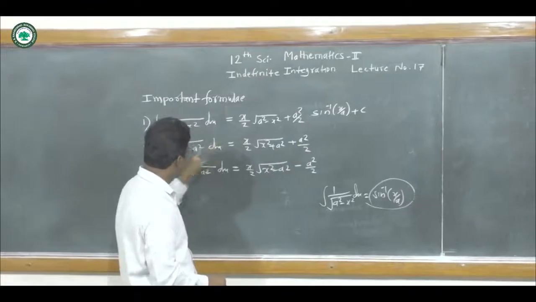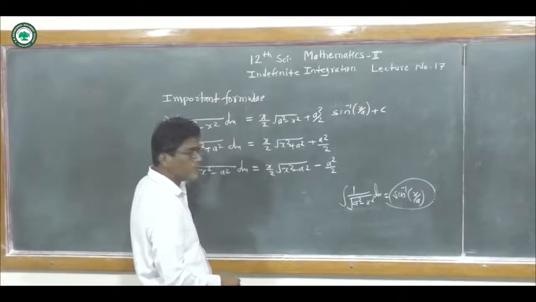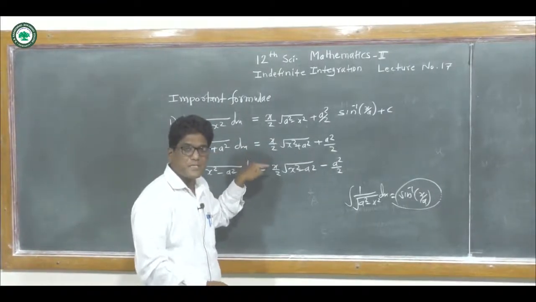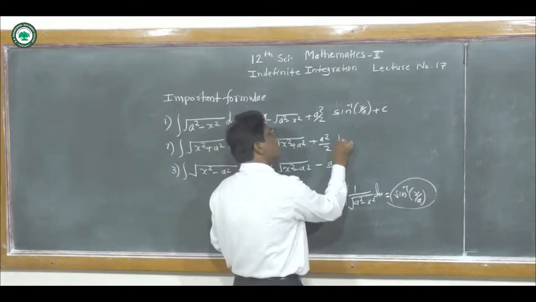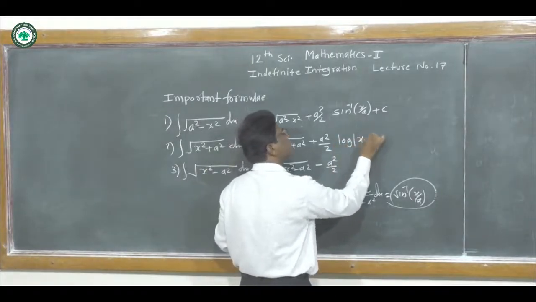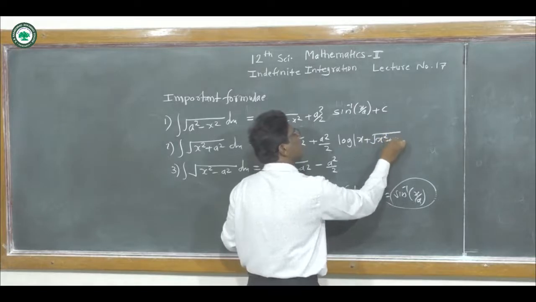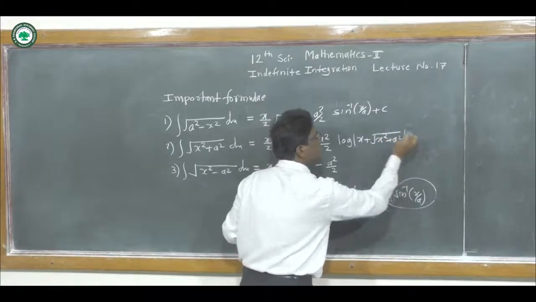Here also, what is the formula for integration of 1 upon root of x square plus a square? The formula is log of x plus root of x square plus a square, plus constant of integration.